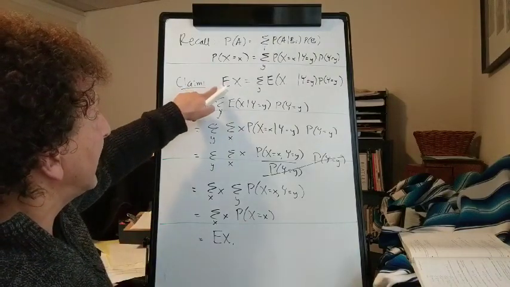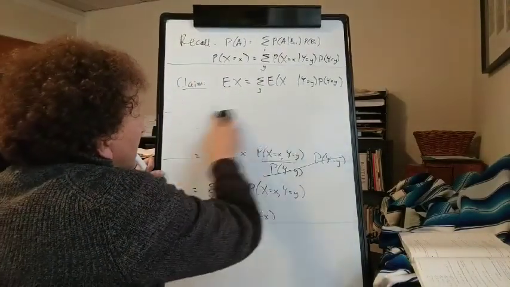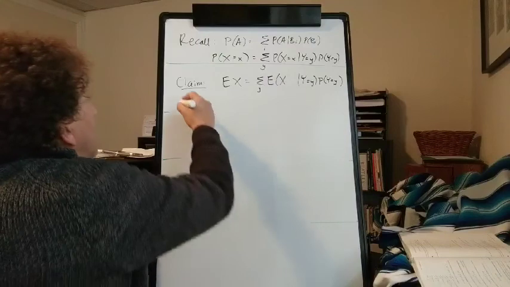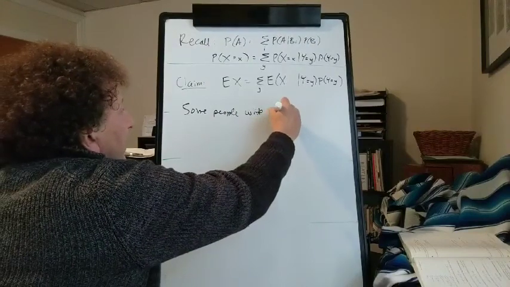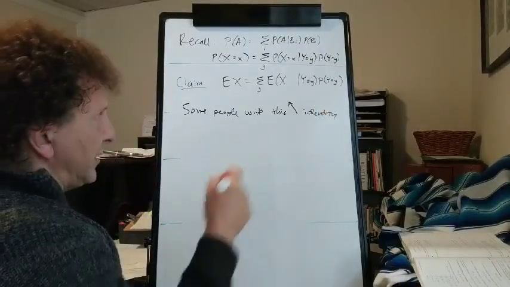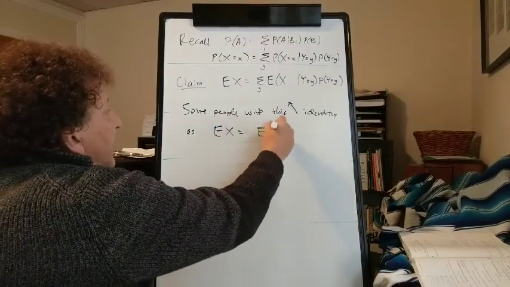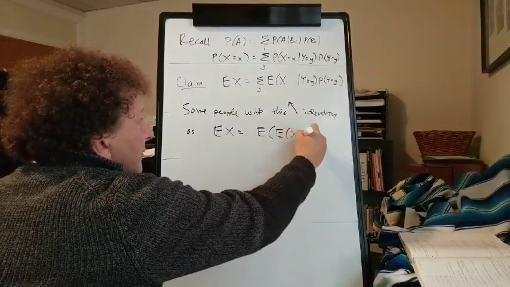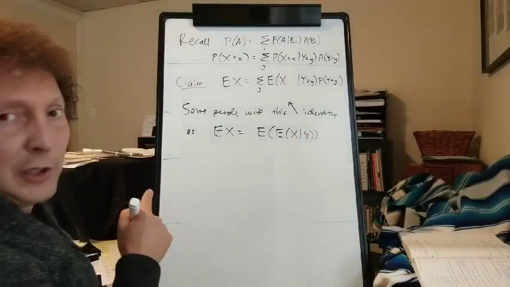Now some people write the identity in this claim a little bit differently. So some people write this identity, which is the conditional expectation identity, as the expected value of X equals the expected value of the expected value of X given Y. Now I think this is a little bit unhelpful.